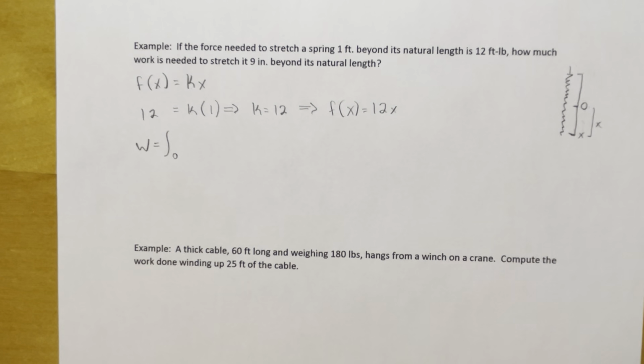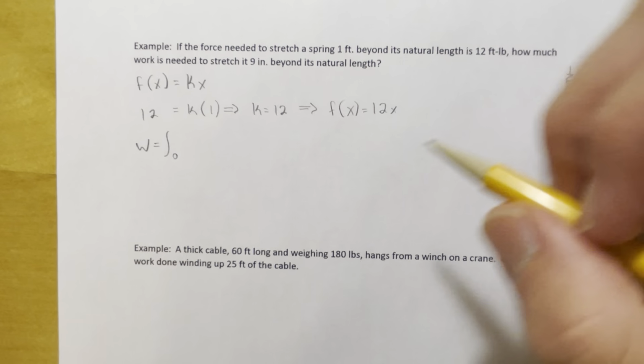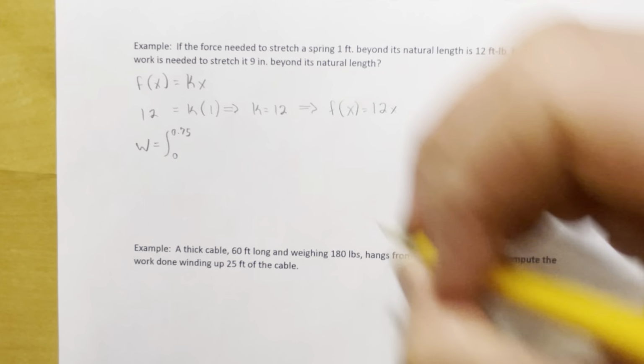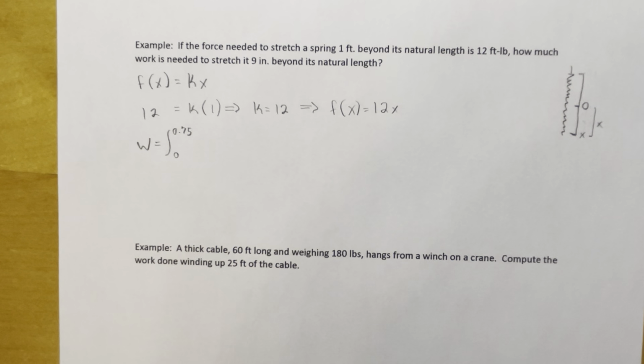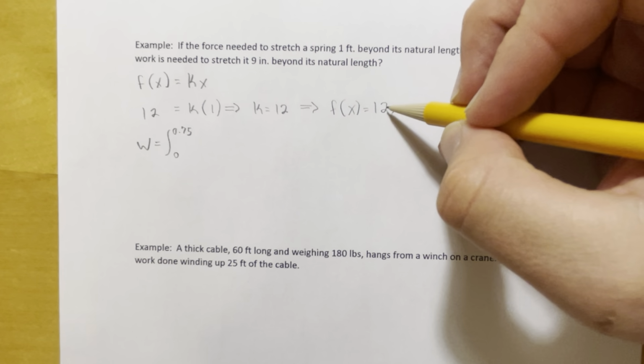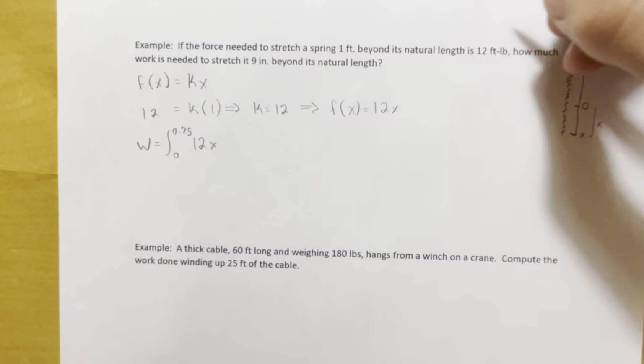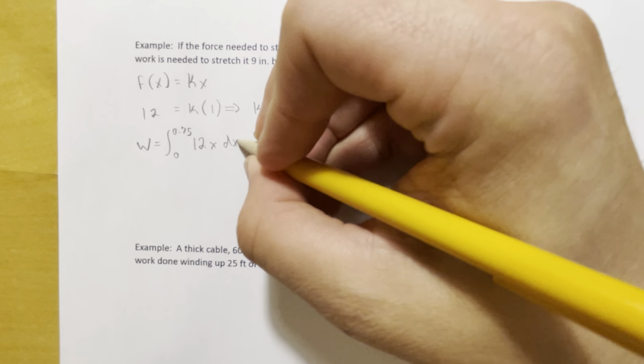Everything should be interpreted as feet when I'm talking about distances here. So instead of saying 9 inches, I want to call it 0.75, because 9 inches is 3/4 of a foot, or 0.75 feet. Okay, then I want to insert my function as my integrand, 12x, that's the force function, dx.